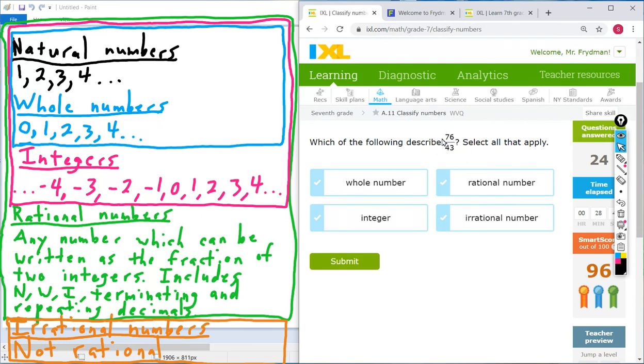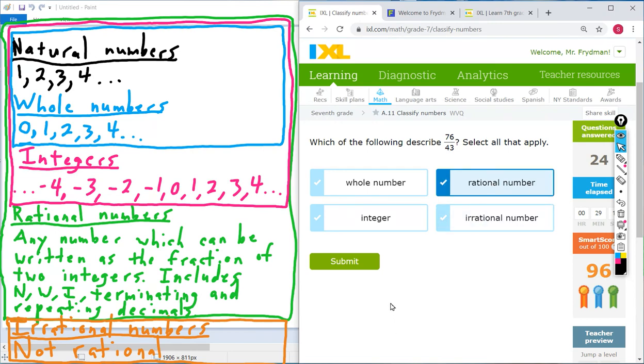So this fraction is the fraction of two integers, and therefore it is rational. So be careful there. 76 over 43 is not an integer, but the numerator by itself is an integer, and the denominator by itself is an integer. And any number that can be written as the fraction of two integers is by definition a rational number.